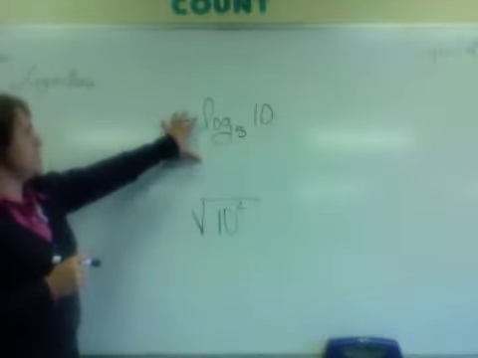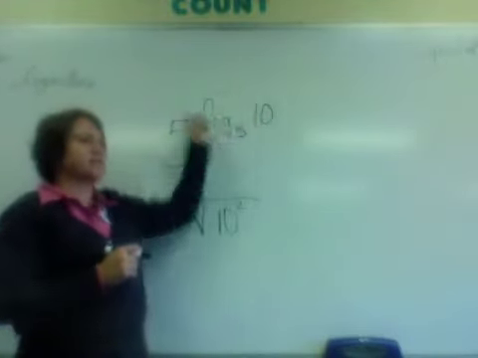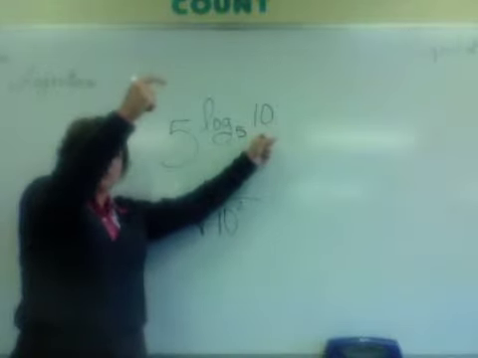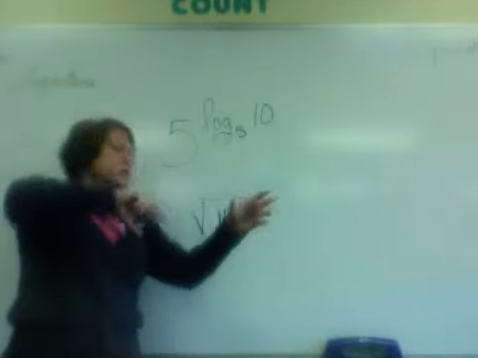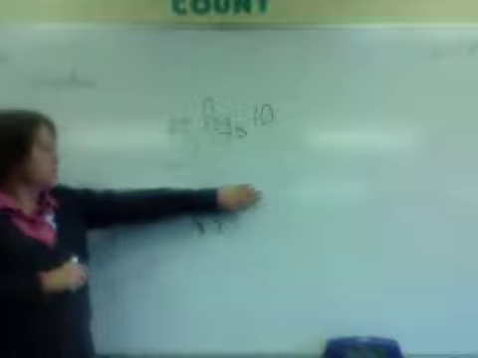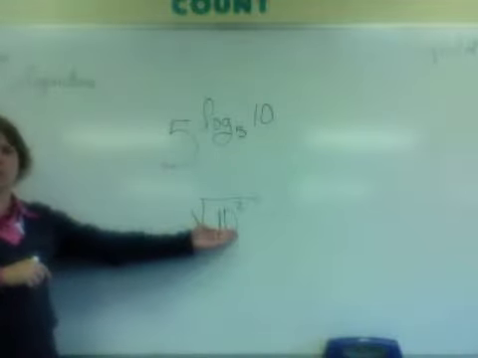I'm raising a base to an exponent that contains that same base, so it's an inverse of each other. What happens when you take a square root of a square? They cancel out. They just go away and you're left with 10, right?